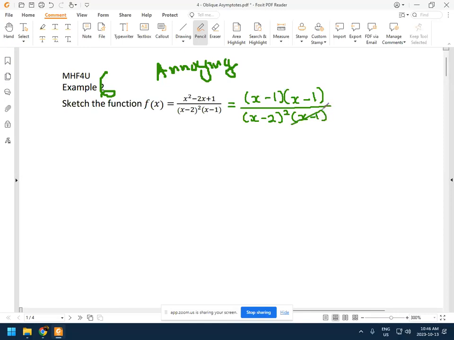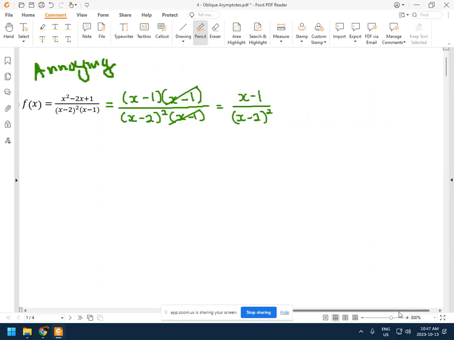Which allows us to deal with a much simpler equation. Okay? But at the same time, you're going to have to do more with this equation later on.